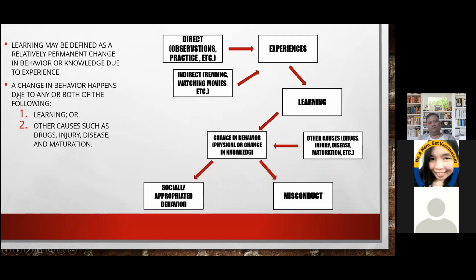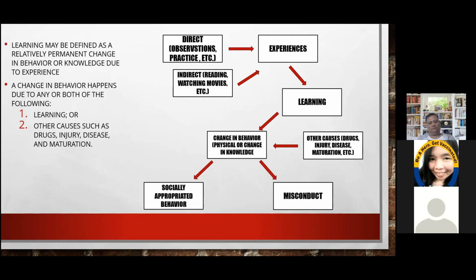A change of behavior happens due to either or both of the following: learning or other causes such as drugs, injury, diseases, and maturation. This is a simple diagram to show how learning affects the behavior of an individual. You can have direct and indirect experience.